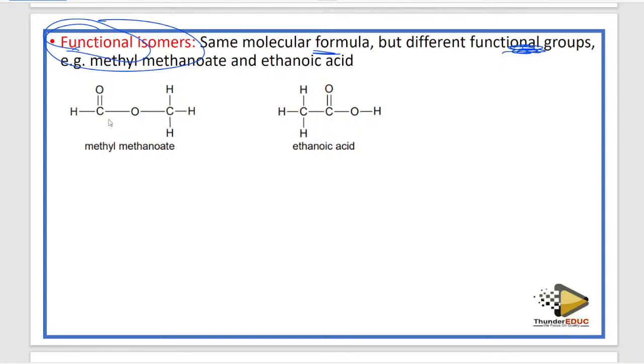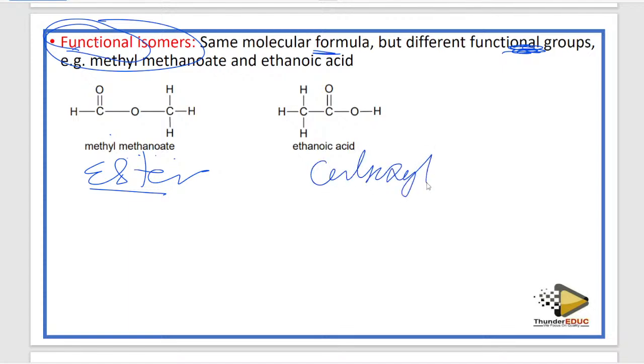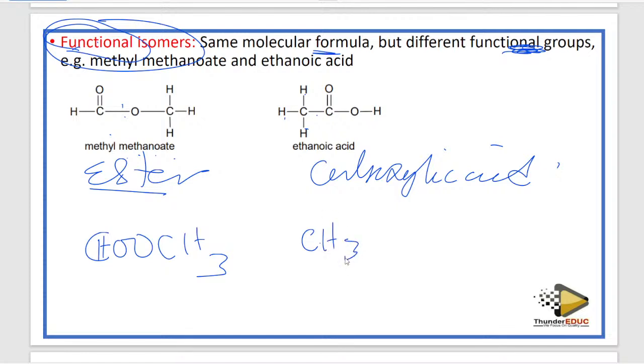So this one is methanoate, an ester, while this one is a carboxylic acid. It is different: this one is like CH3, while this one is like CH3 CH2 COOH.